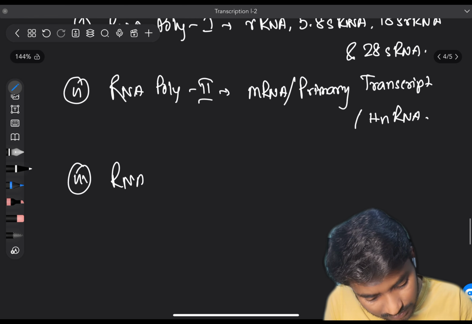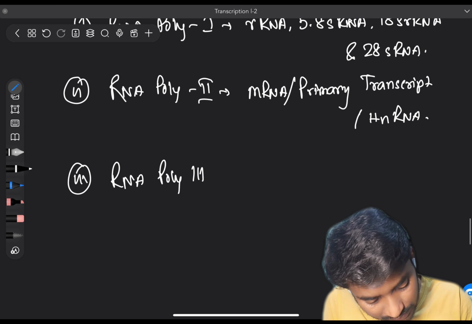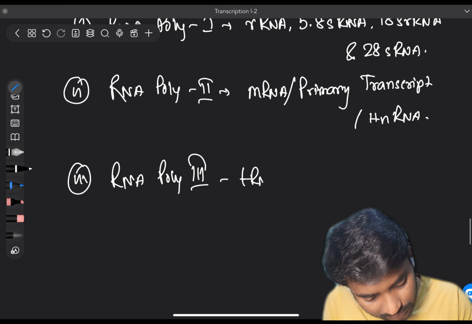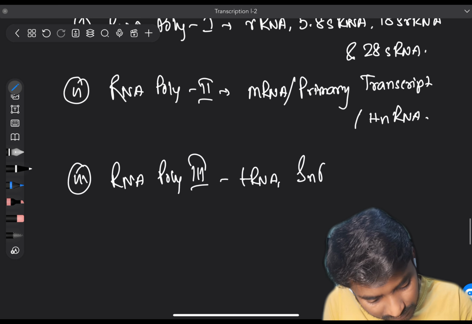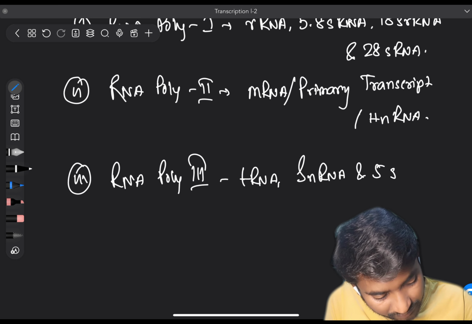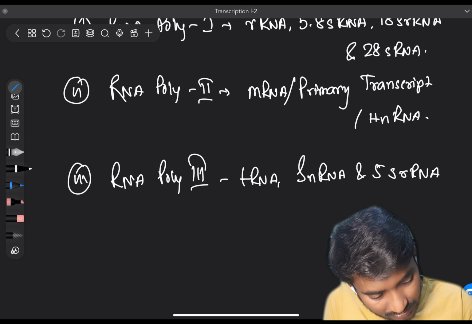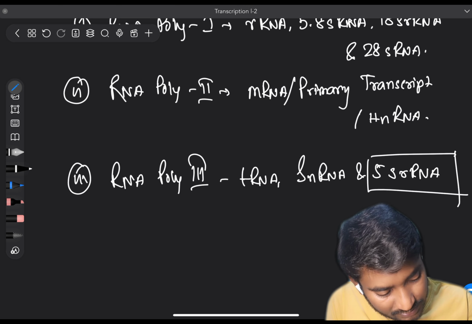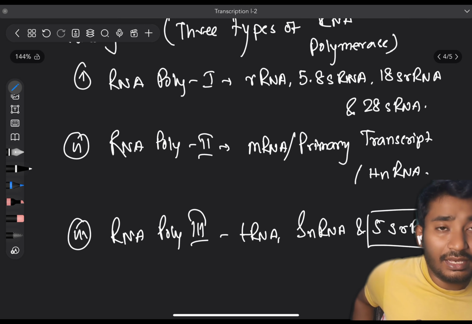And the third one is RNA polymerase 3, which transcribes tRNA, snRNA and 5S rRNA. This comes in NEET every year.